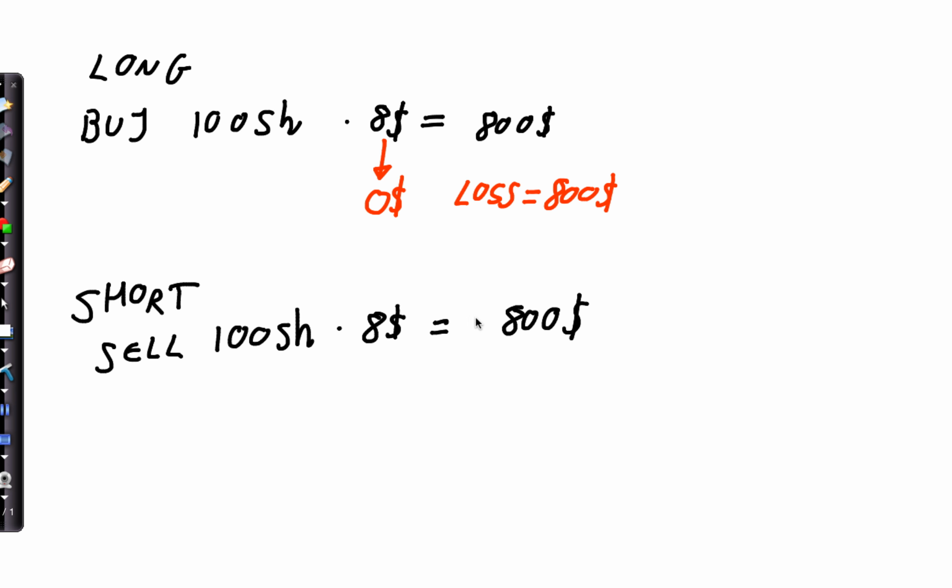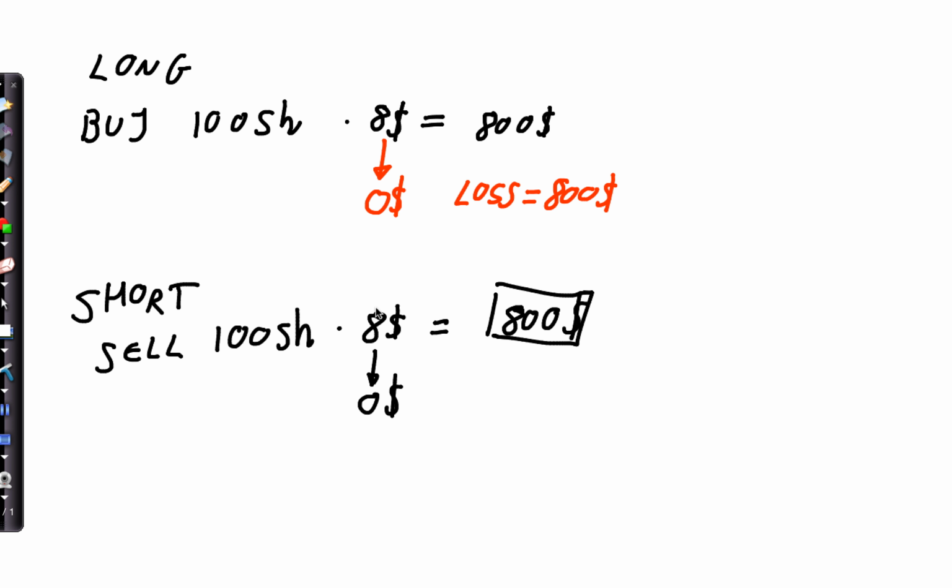It means that you borrow shares from your broker and you sold, so you receive $800. But you have to buy back. Now, if the stock as before is going to zero, what happens? Well, in this case, you don't buy back the shares. So, in other words, you keep the 800.